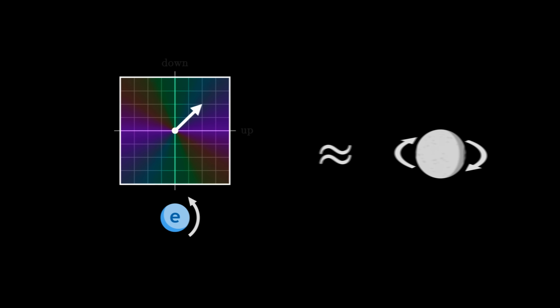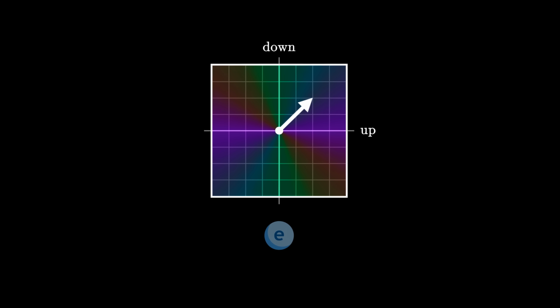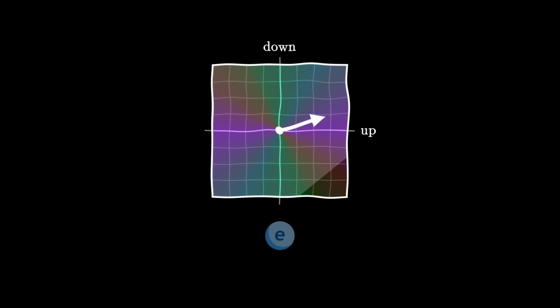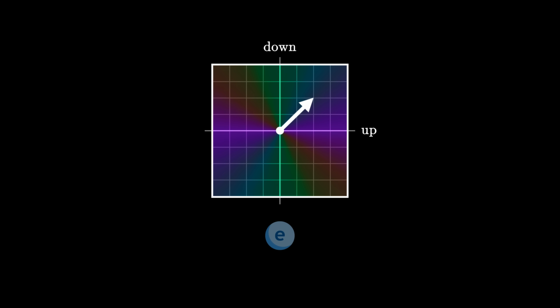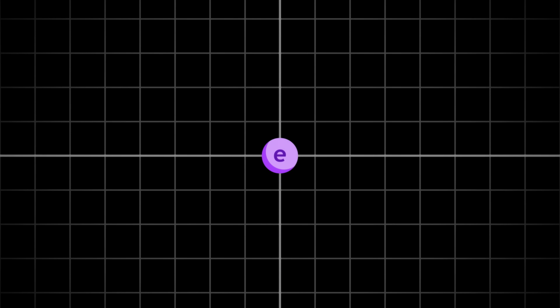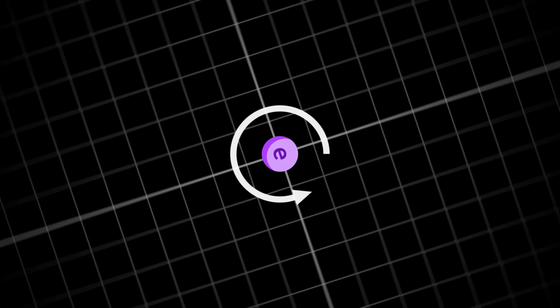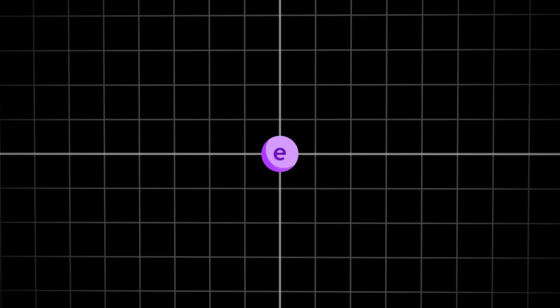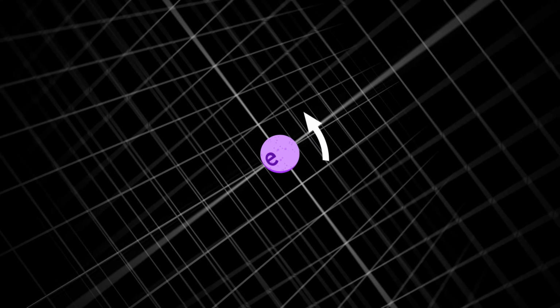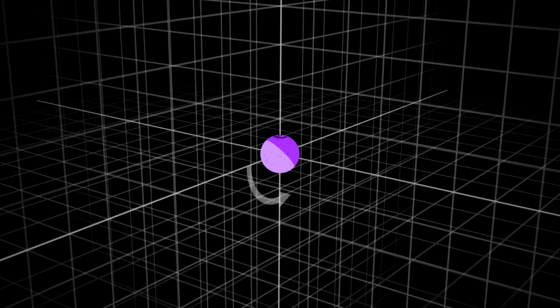It is crucial to understand that the spin state of an electron, up, down, or a superposition of the two, is not a direction in space, but an abstract direction in a mathematical space invented to describe the particle. In fact, so far we have visualized rotations in 2 dimensions, but our space actually has 3 dimensions, in which we can change orientation.